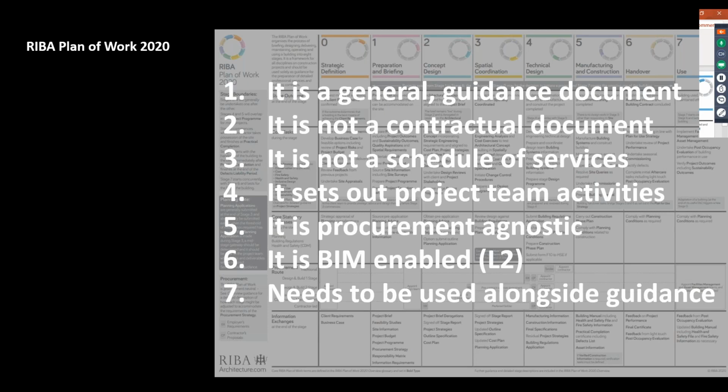And really aligned to what I've just said in terms of the above points, it does need to be used alongside guidance. It's not really easy to use it on its own because of the complexity of some of the points, and the bold terms which we have put into the plan of work are all terms where we provide additional information on what that term is, what it's intending to say and to do.